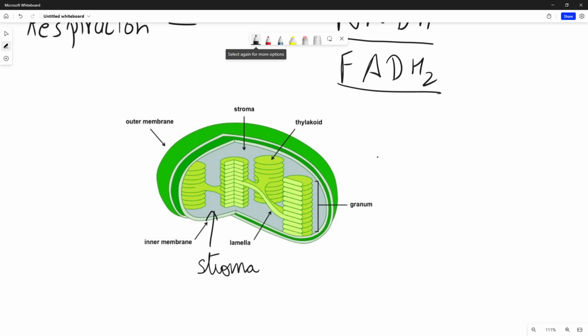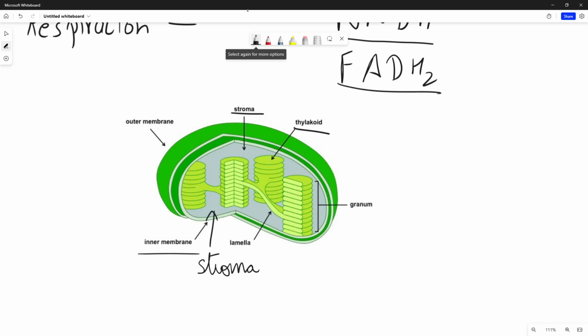Only some things are important. You need to know the thylakoid, the stroma, the inner membrane, and that one pancake is a thylakoid, whereas multiple are a granum. You don't have to do lamella in depth right now, but it's like the connecting strand of it.